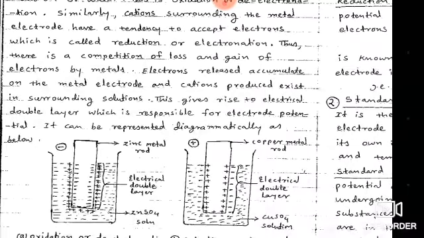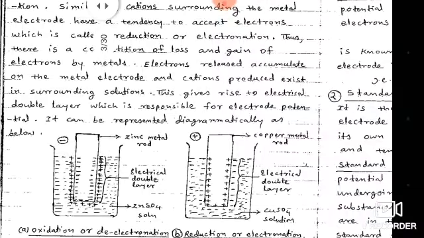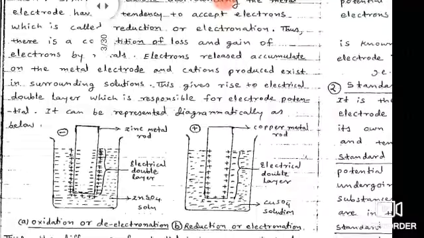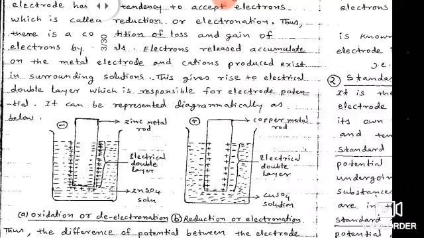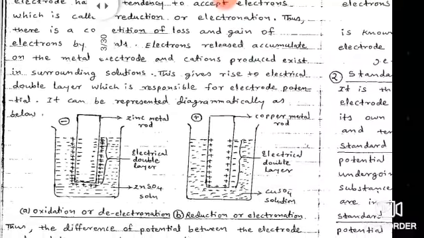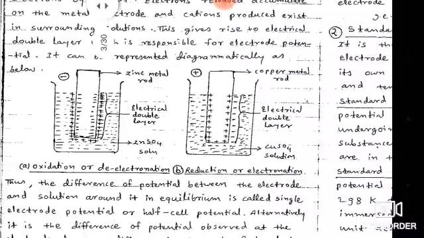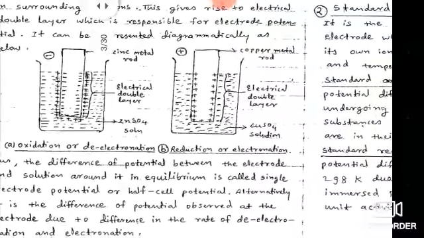Thus there is a completion of loss and gain of the electrons by metals, and electrons released accumulate on the metal electrodes, and those cations produced exist in the surrounding solution. This gives rise to the electrical double layer, which is responsible for the electrode potential. It can be represented by the diagram.